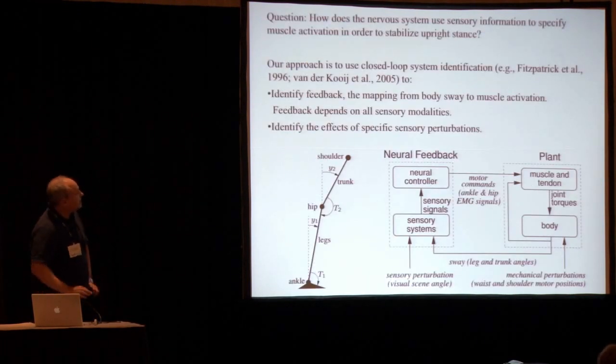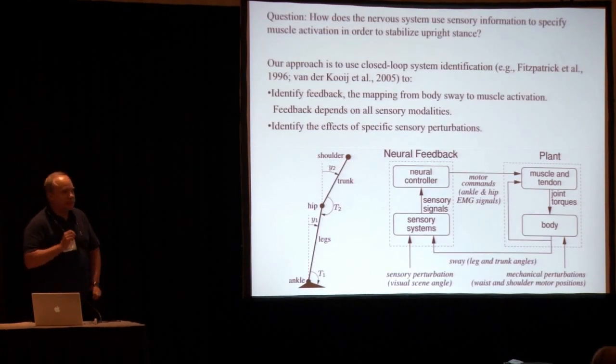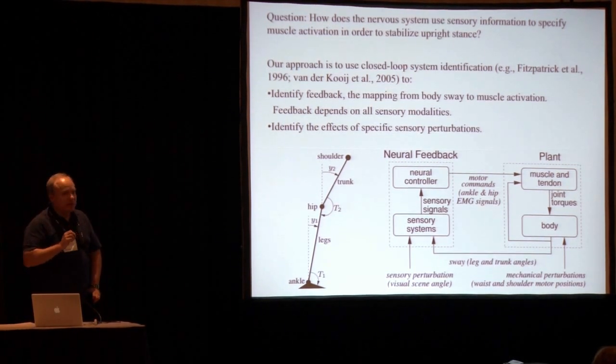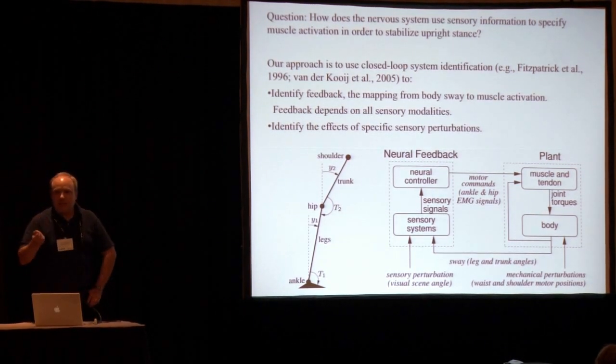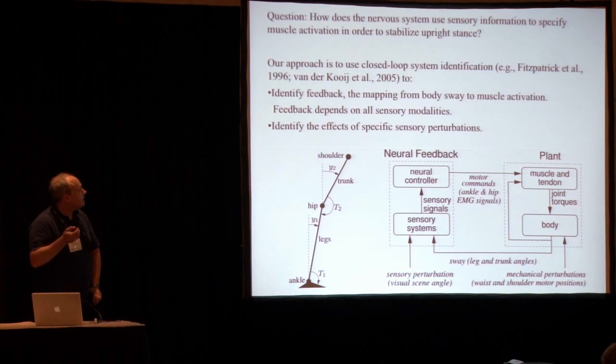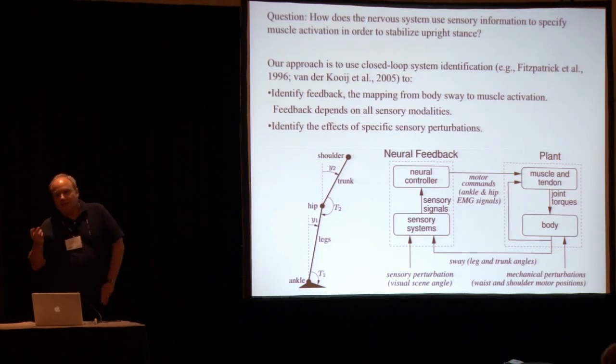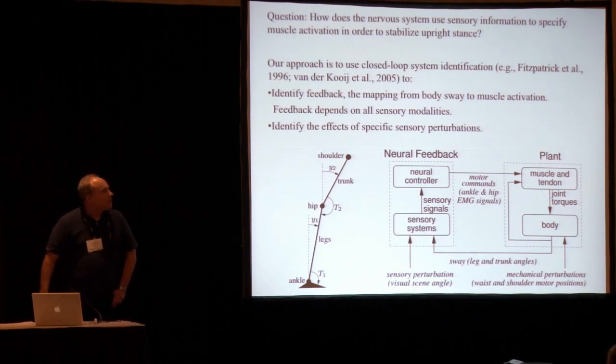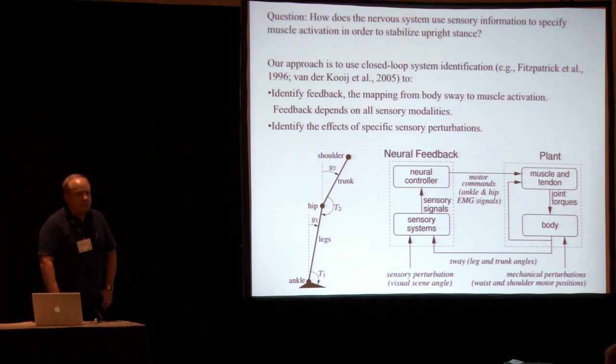And the question is, how does the nervous system use sensory information to specify muscle activation to stabilize upright stance? And our approach is to use what's called closed-loop system identification. This was originally used for standing posture by Fitzpatrick back in 1996, and more recently by other researchers such as Van der Kooi.